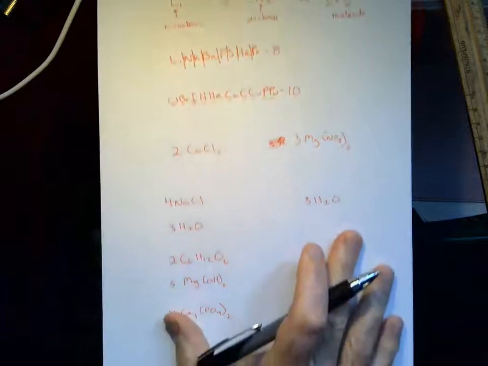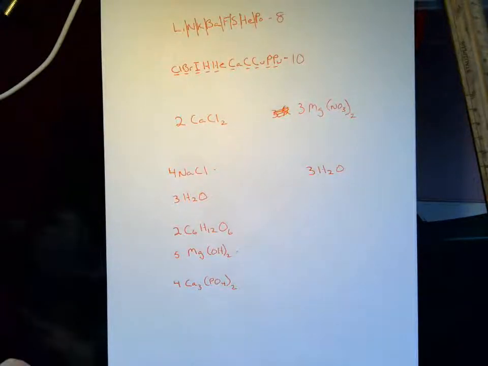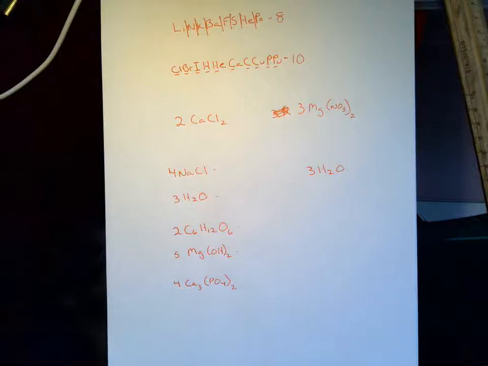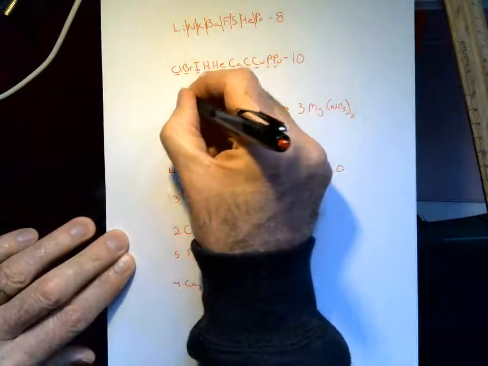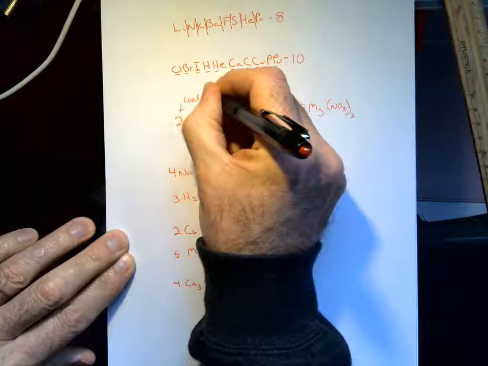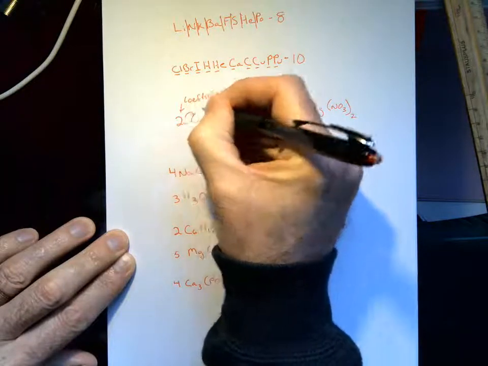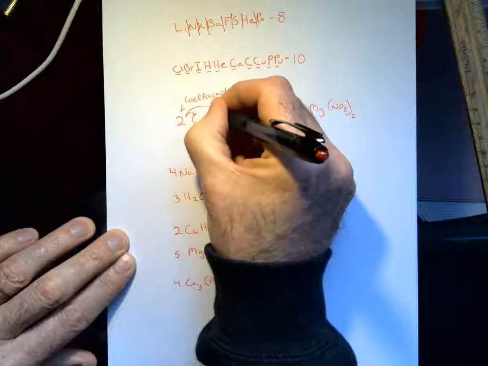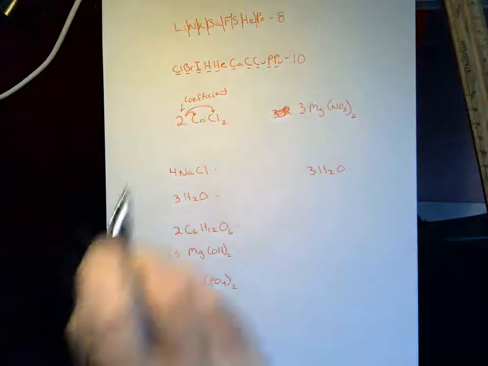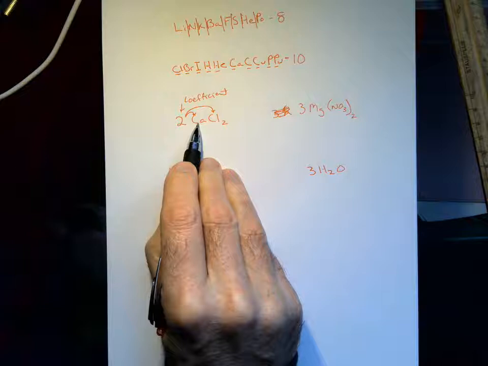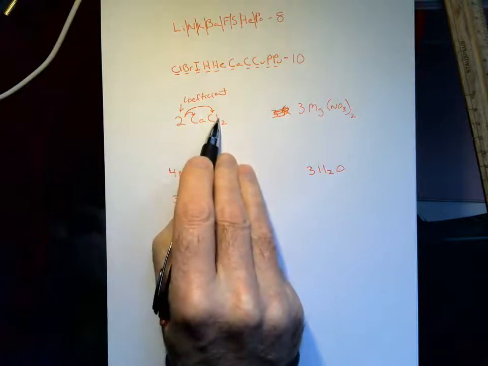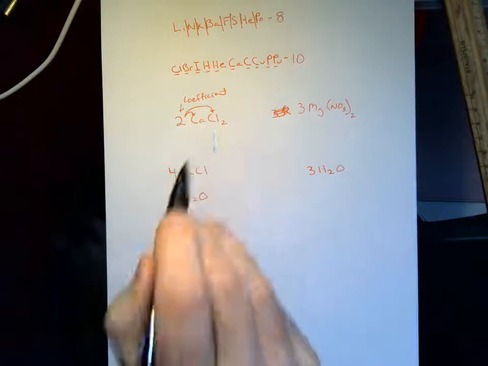The next thing you have to be able to do when you have a molecule is understand what the numbers mean. This is called a coefficient. Coefficient means to cooperate, and it goes with everything. So if you wanted to count how many you had, you'd have 2 Ca's and you'd also have 2 Cl's.